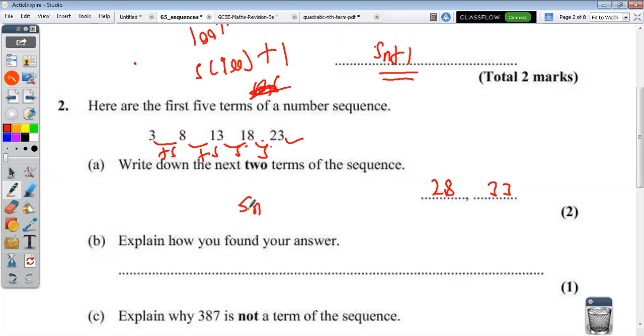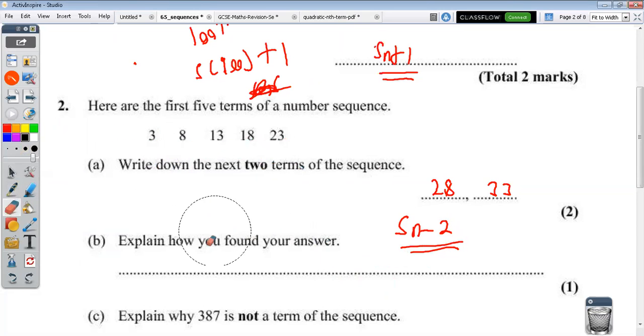Then I ask myself, what would be the number before 3 if I was going in this direction? I subtract 5. 3 minus 5, I get minus 2. So it means it's 5n minus 2. Let's test it to see if it's true. I can test on the n position. When n is equal to 3, 5 times 3, 15 minus 2, 13. Correct. Makes sense.